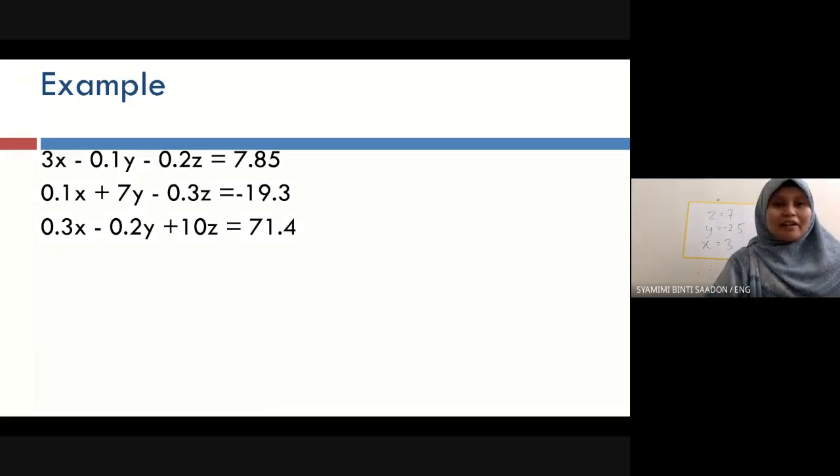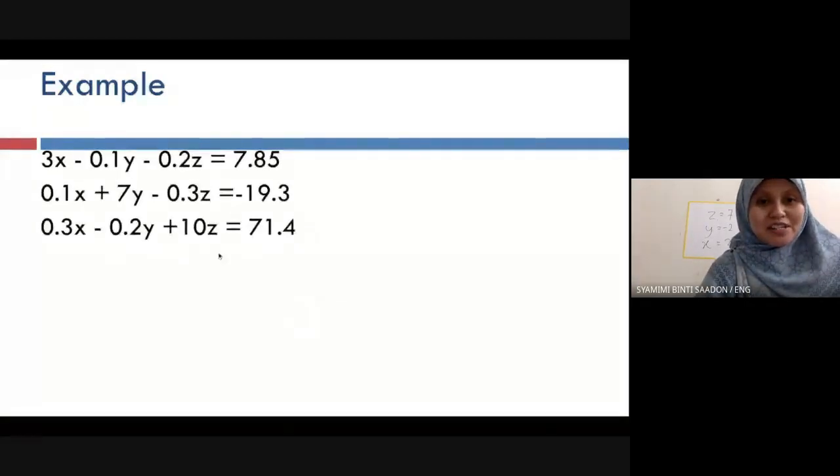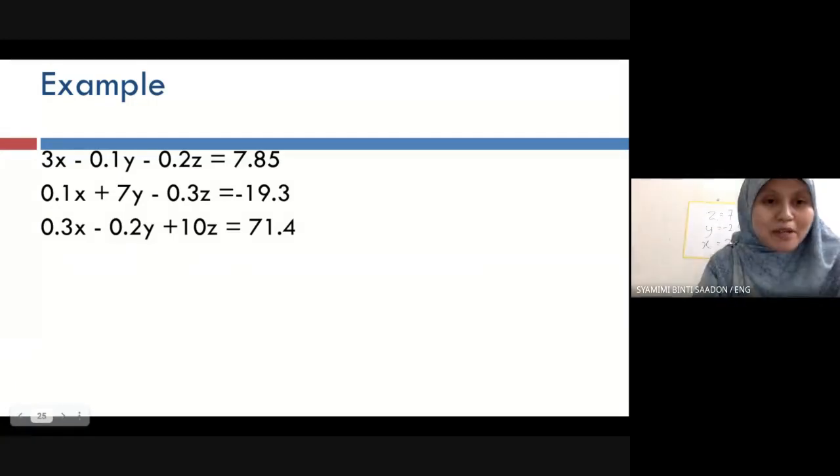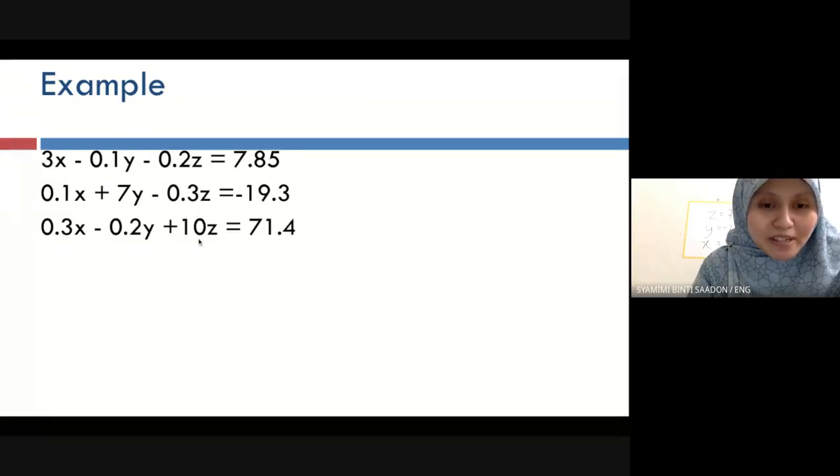So take back this matrix. This is matrix A: 3, minus 0.1, minus 0.2; 0.1, 7, 0.3; 0.3, minus 0.2 and 10. And then you have the matrix X, XYZ. And your matrix C is 7.85, minus 19.3 and 71.4.